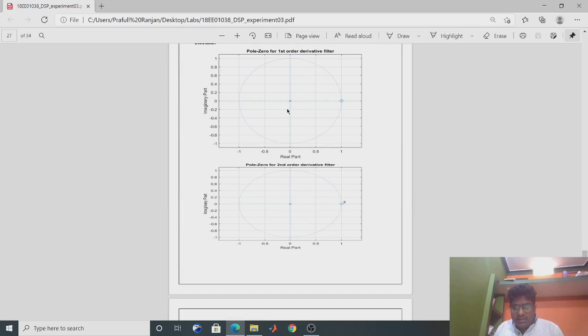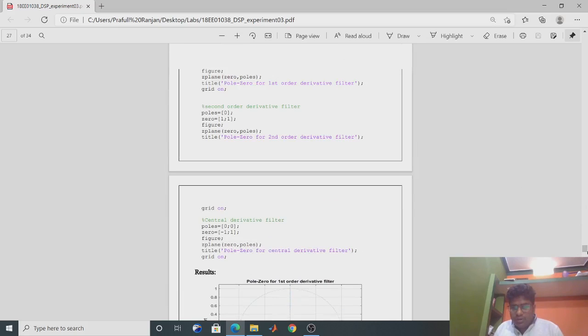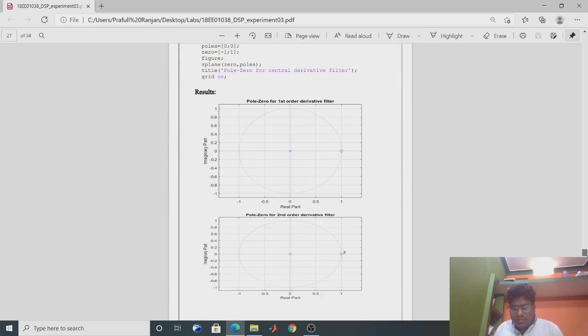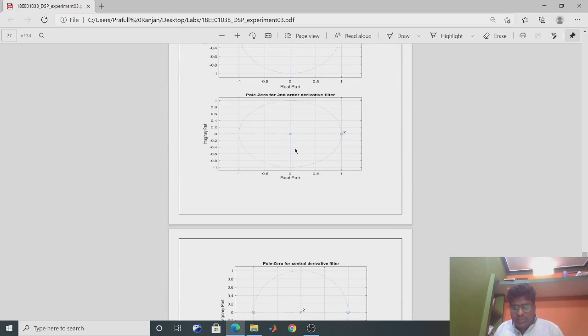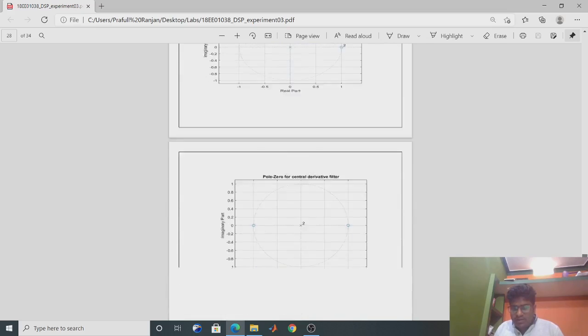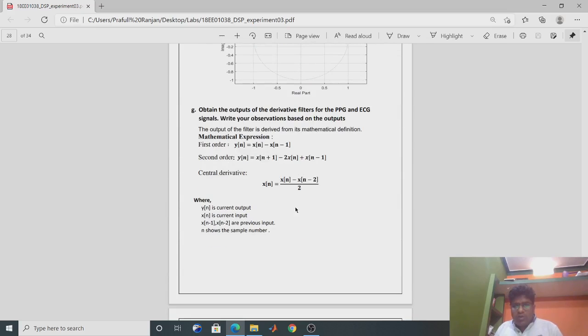We can see the zeros at z equal to 1 and 1 pole at z equal to 0. Similarly for the second, there are two zeros at z equal to 1 and 1 pole. Similarly for this one.